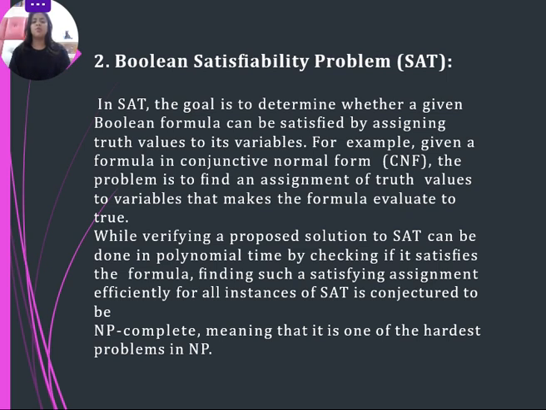Verifying a proposed solution to SAT can be done in polynomial time by checking if it satisfies the formula. Finding such a satisfying assignment efficiently for all instances of SAT is conjectured to be hard, as SAT is NP-complete, meaning that it is one of the hardest problems in NP.